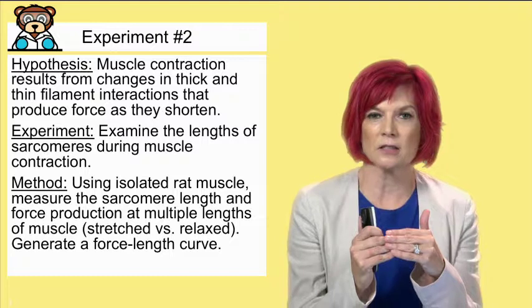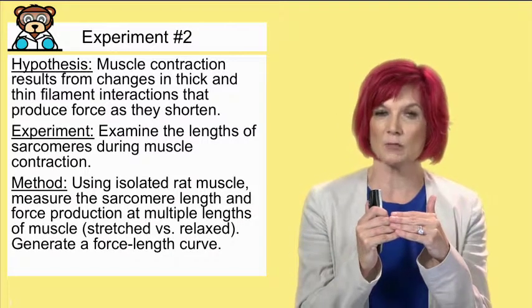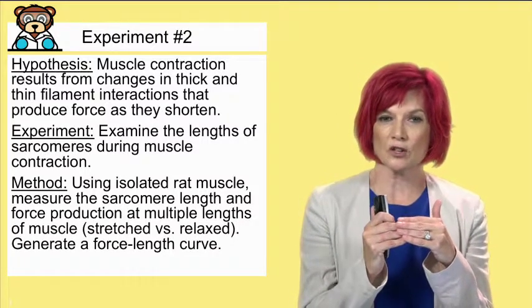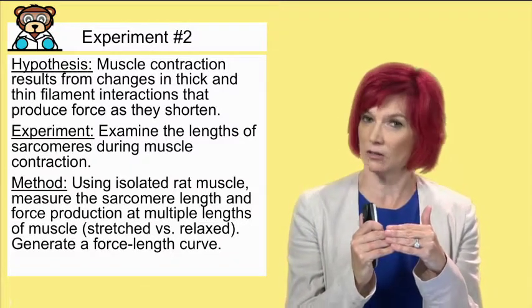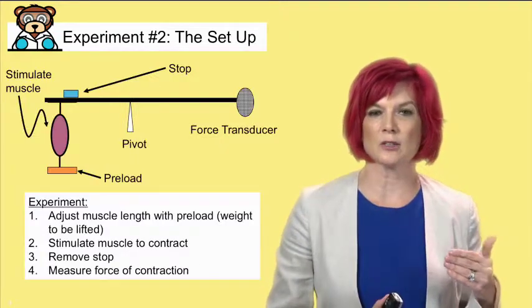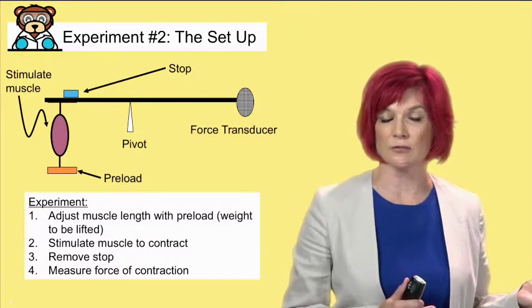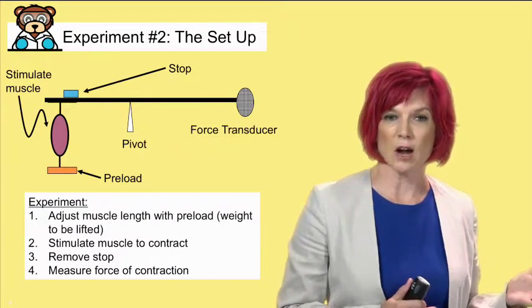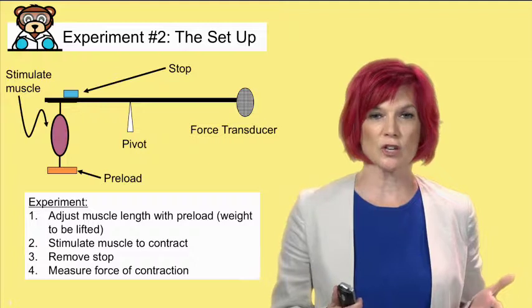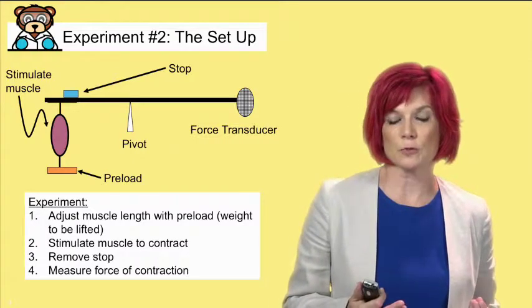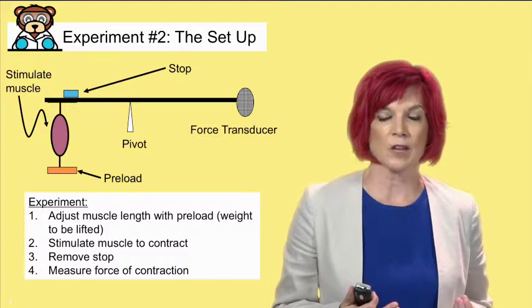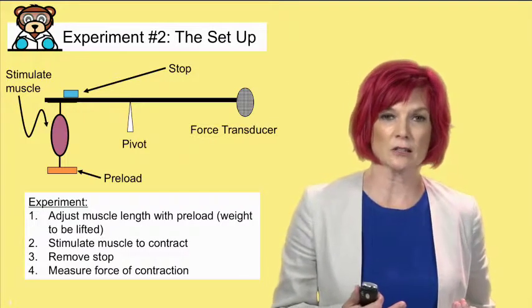So, scientists then set out to do an experiment in which they measured the force produced at various sarcomere lengths. The experimental setup is shown schematically for you here, and we also have this great demonstration of the experiment where we can measure the force produced by a skeletal muscle at various sarcomere lengths.